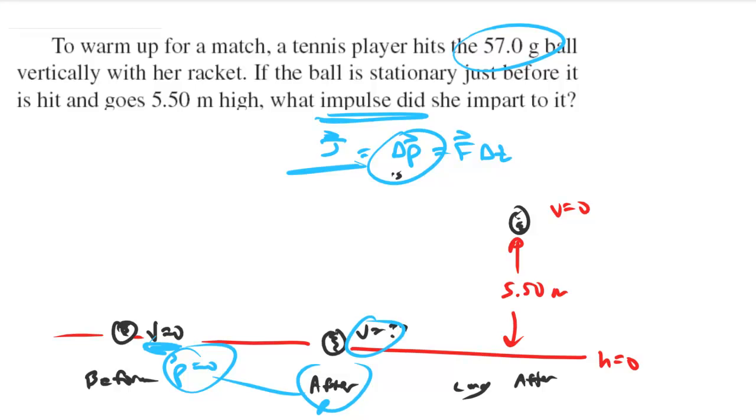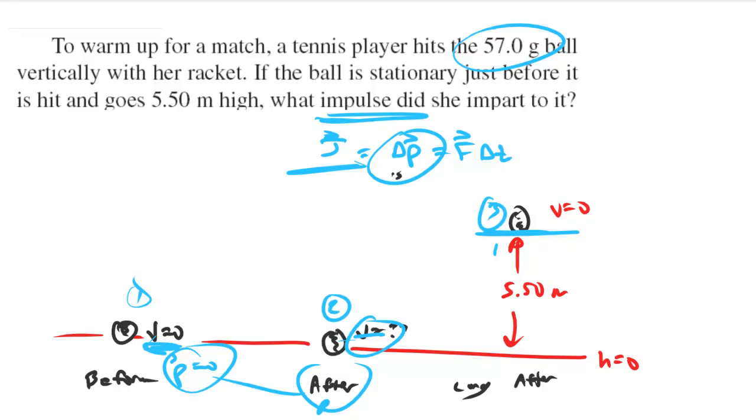Well, they tell us that it goes 5.5 meters up, so we can actually find out what speed it was traveling when it was down here, just based on conservation of energy, right? And so taking, maybe this is like 0.1, 0.2, and 0.3 over here.